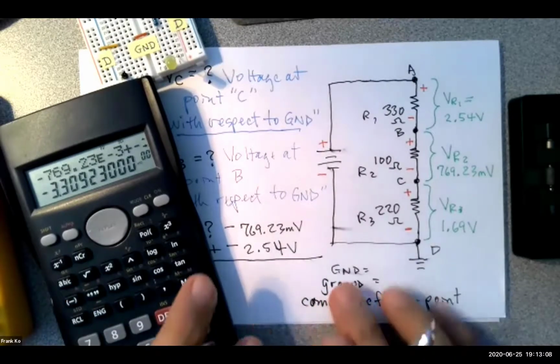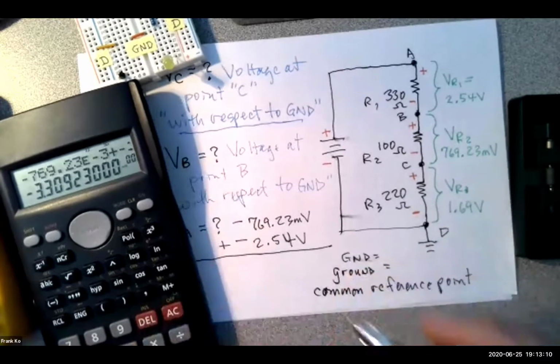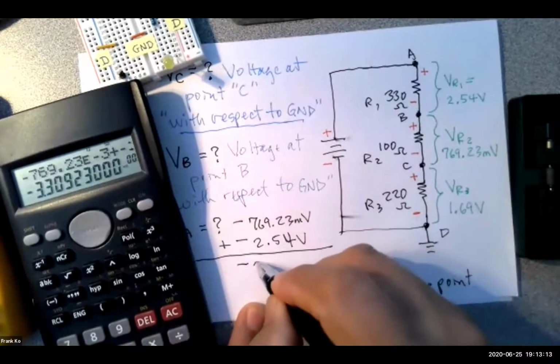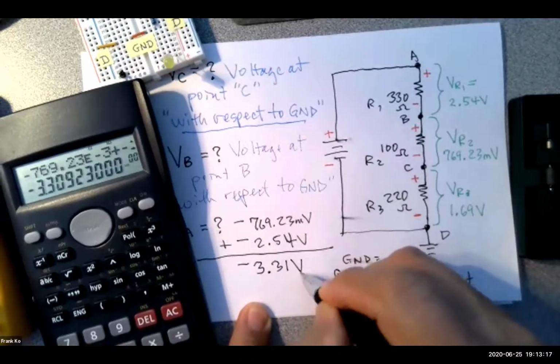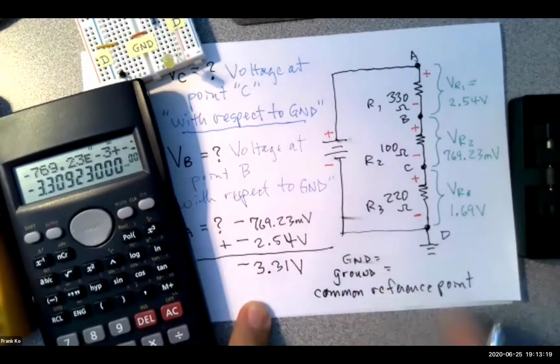What do I have on the display of my calculator? I should have a negative 3.31 volts, is how I would round that off.